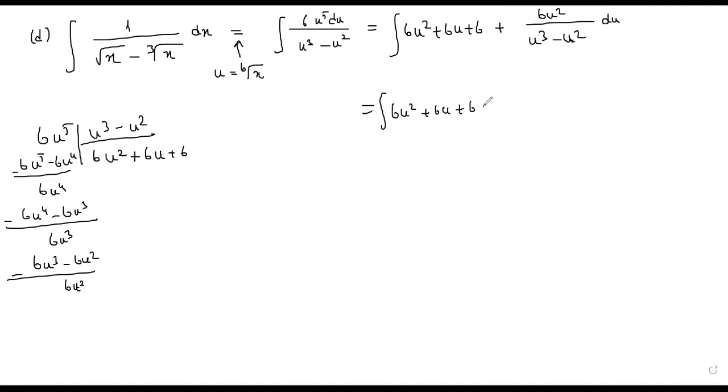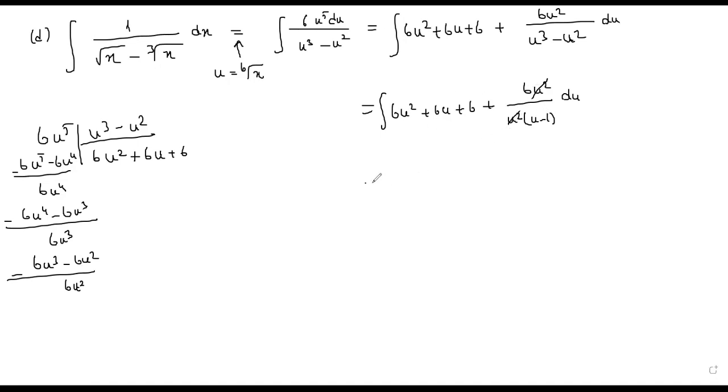Now what about this fraction? We can rewrite it: 6u squared over u squared times u minus 1, right? So we simplified them and get 6 over u minus 1.